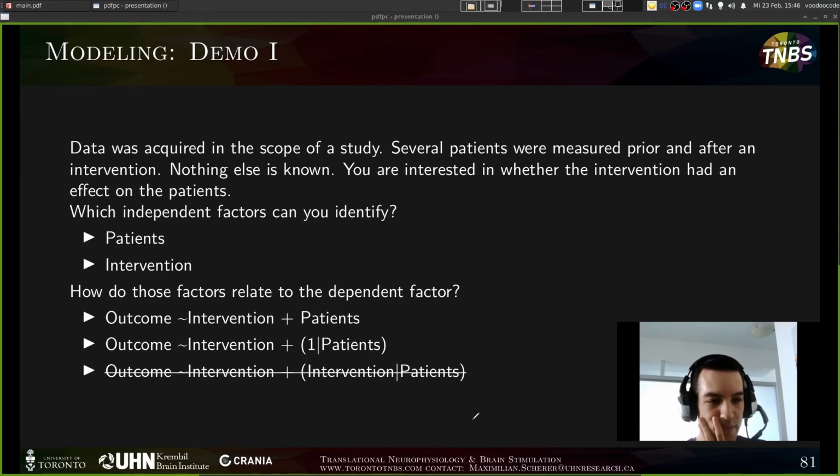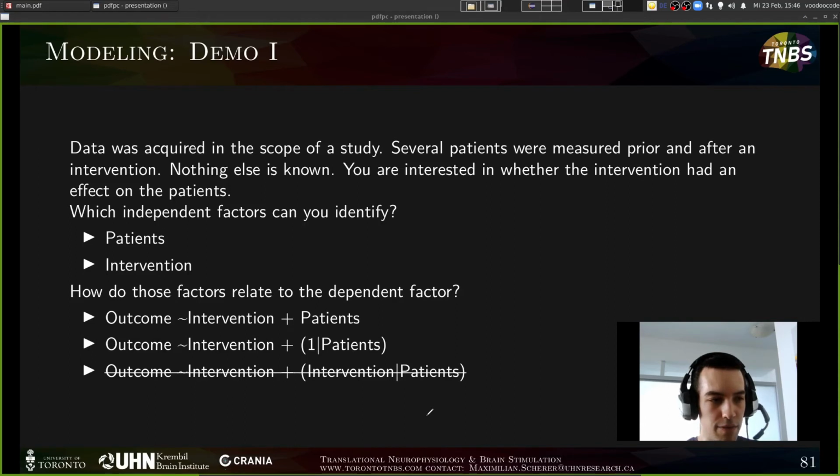So when investigating those, whatever factors you are interested in, you always have to make sure that you know what you're looking for. You know how you would expect those factors to have some effect on one another, and if you apply a certain model, you should be aware of what you can conclude from the model.